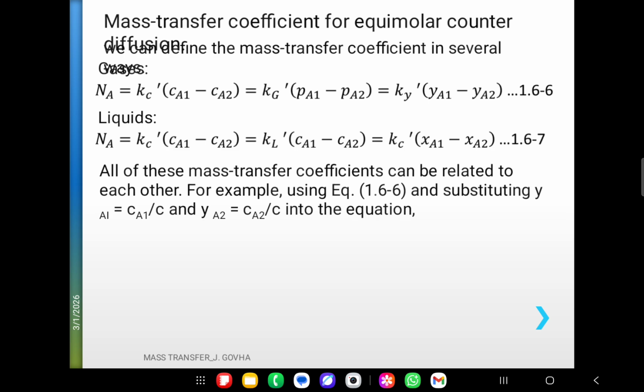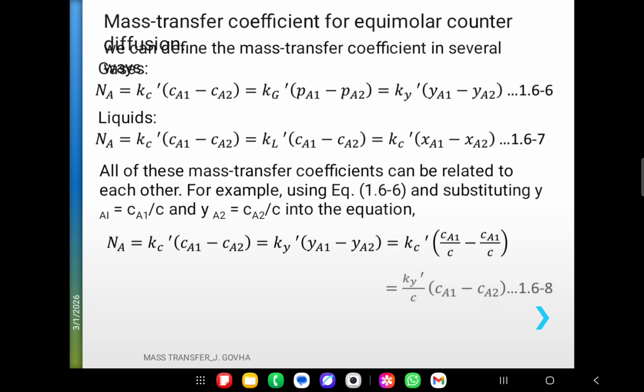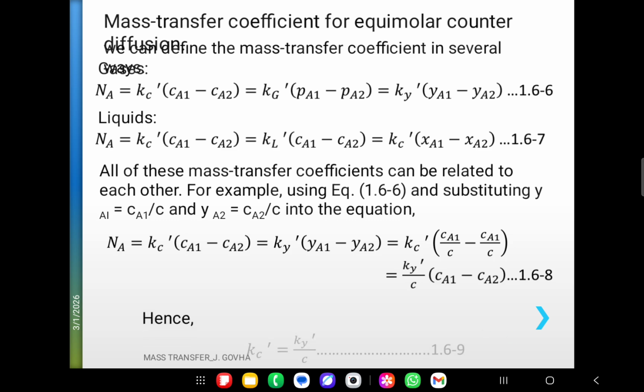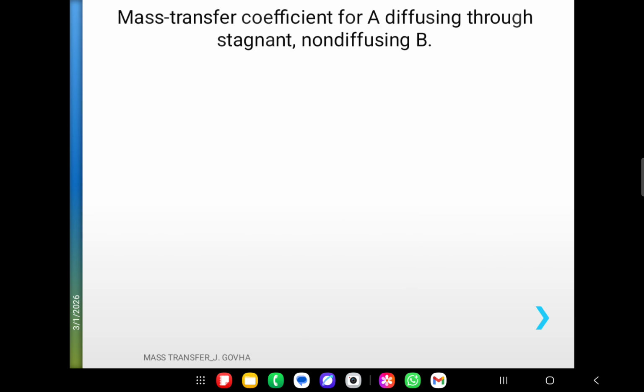And they can all be related to each other. For example, using equation 1.6 and substituting y there, this is how we can relate the two as indicated there. Hence our Kc is equal to Ky over C.